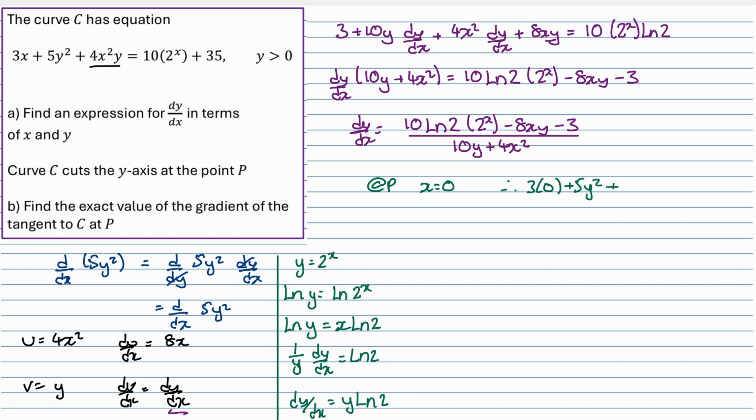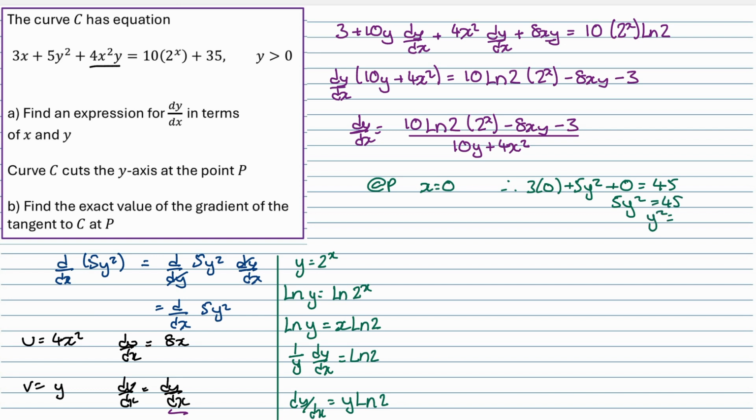When you substitute the 0 into here, all of this will become 0. We'll have 2 to the 0, which is 1. So this term will just become 10. And then the 10 add the 35 will become 45. So 5y squared will equal 45.